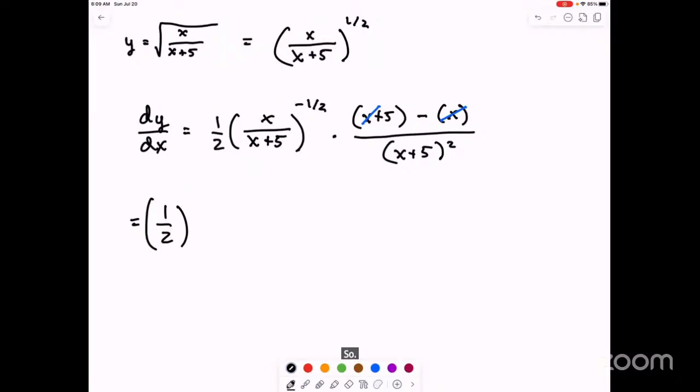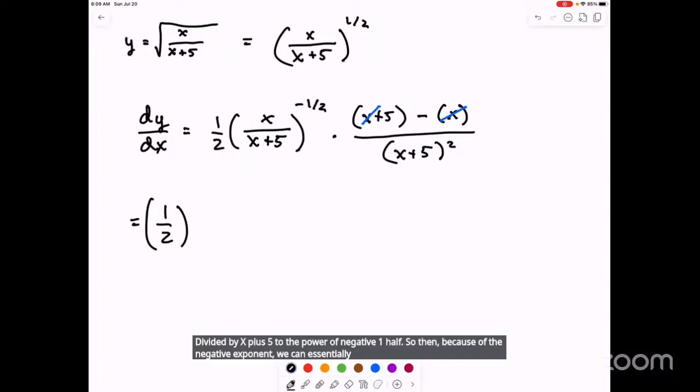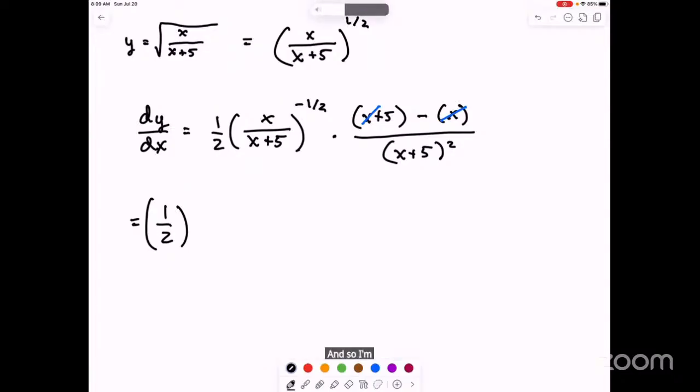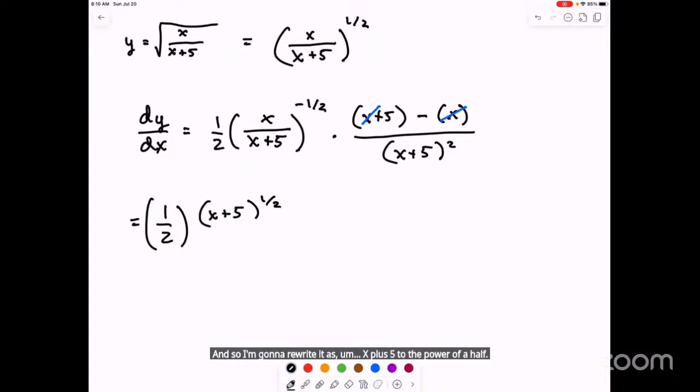So you could almost look at it like x to the power of a negative 1/2 divided by x plus 5 to the power of negative 1/2. So then because of the negative exponent, we can essentially flip it. And so I'm going to rewrite it as x plus 5 to the power of a half over x to the power of a half.